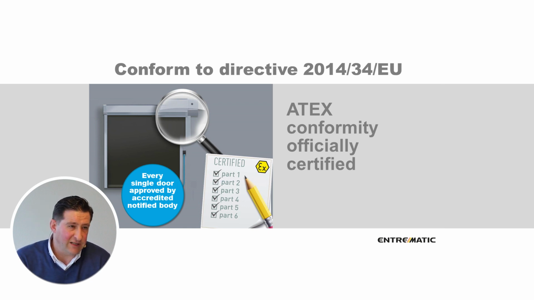For example, the engine has a certificate, the photocells, the gearbox, but also, for example, the curtain is a specially selected curtain with carbon inside to avoid building up static electricity. All the parts have been tested. We have also done impact tests.